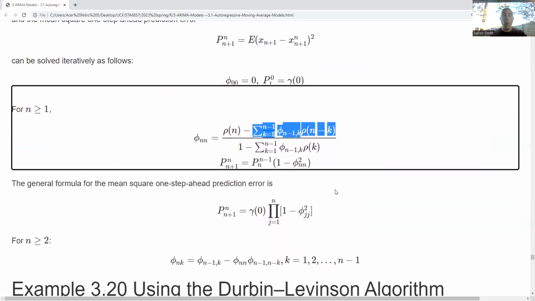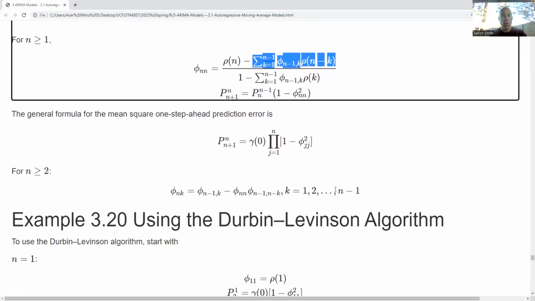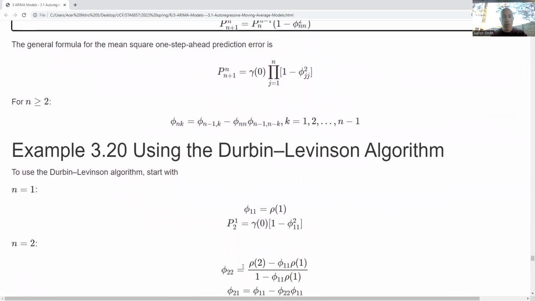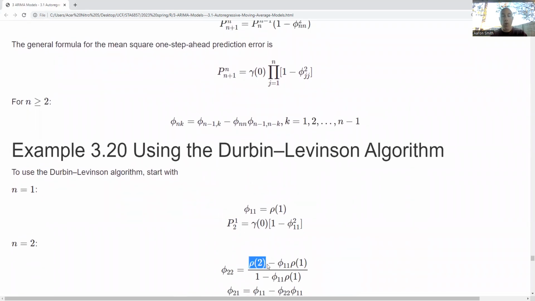And I'm only going to go so far with this since we're doing this kind of manually, but I'm going to take autocorrelation at 2 minus phi 1 autocorrelation at 1, replace this autocorrelation with 1, and then take it and drop it into the denominator, and that gives me phi 2.